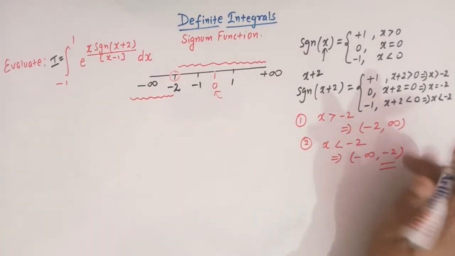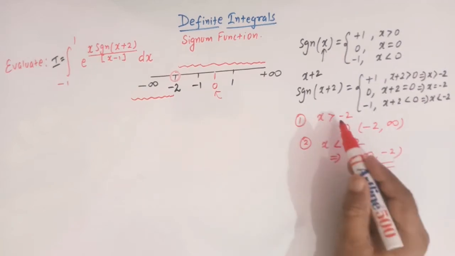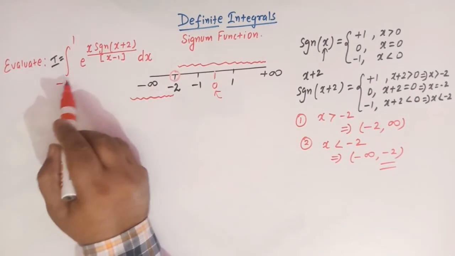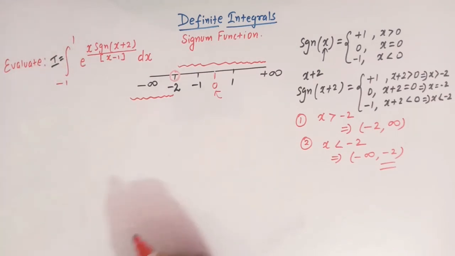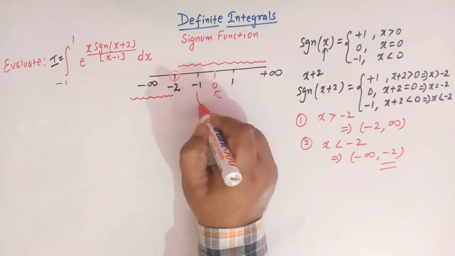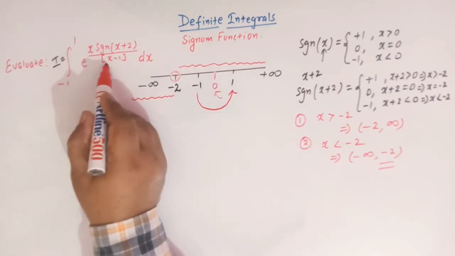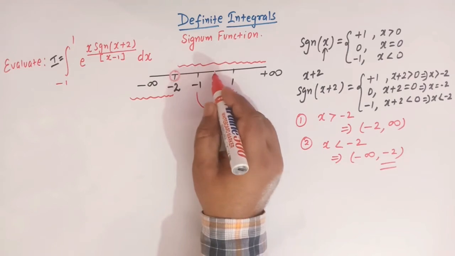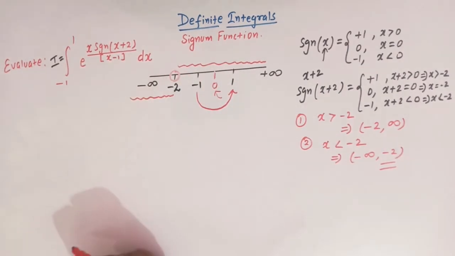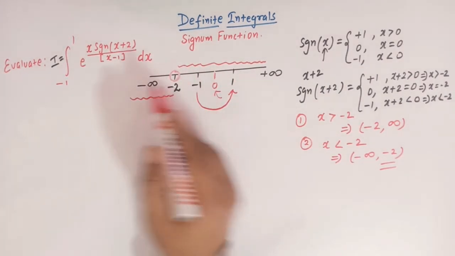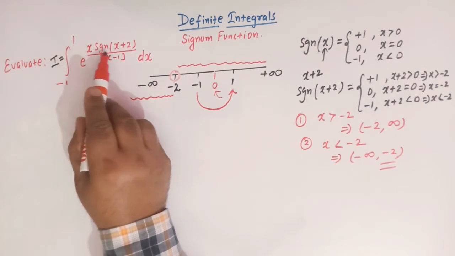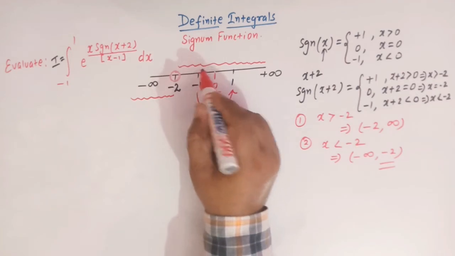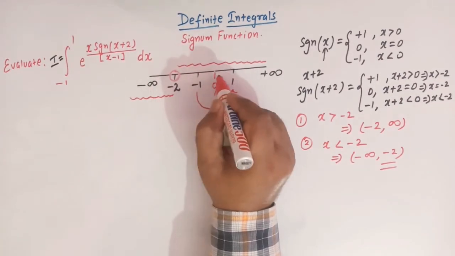We are discussing these two inequalities because we have the limits -1 and 1, right? We have to integrate this function from -1 to 1, and 0 is the integer which lies between -1 and 1, right? Here we have the greatest integer of x minus 1. So we'll first take the integral from -1 to 0.